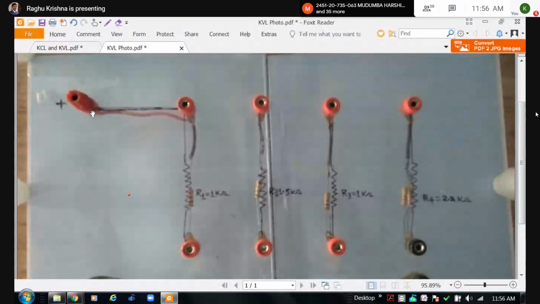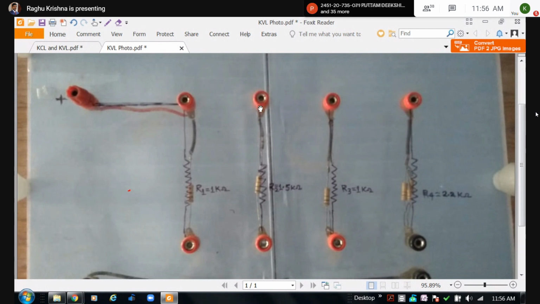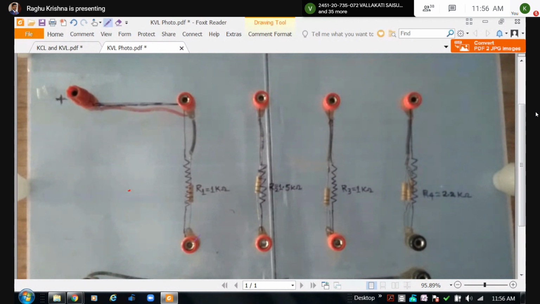Here the plus terminal is directly connected to this point, and a resistor R1 is connected here. To connect R1, R2, R3, R4 in series, this end must be connected to R2. You have to connect a wire between these 2 points.